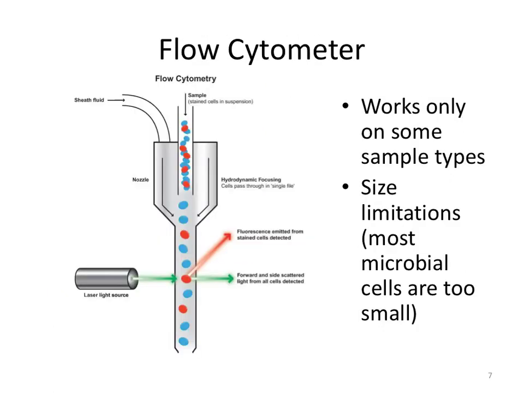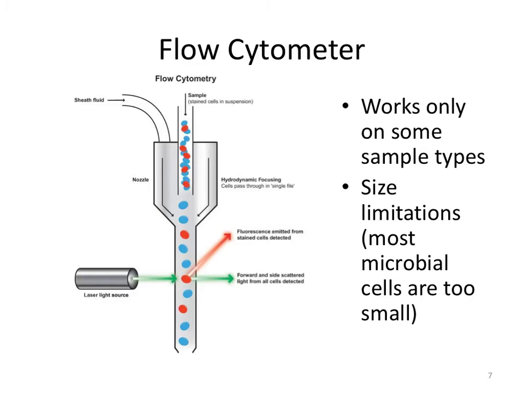So the last method that I'll mention that is a direct method for counting cells is the flow cytometer. A flow cytometer works only on some sample types. It can only work well on cells that are relatively large, and it does not work well on cells where there is debris present that can be mistaken for cells.